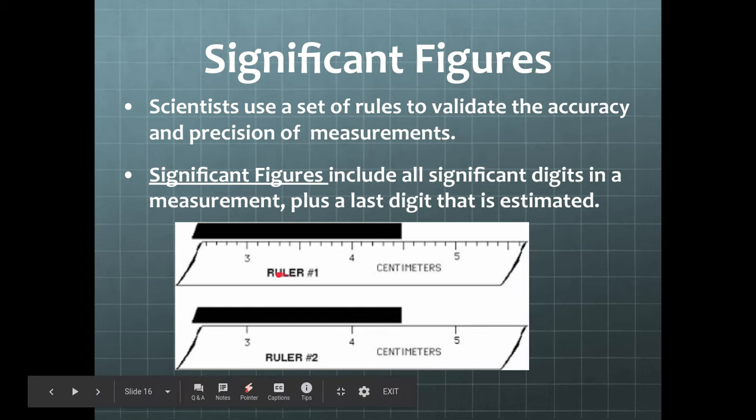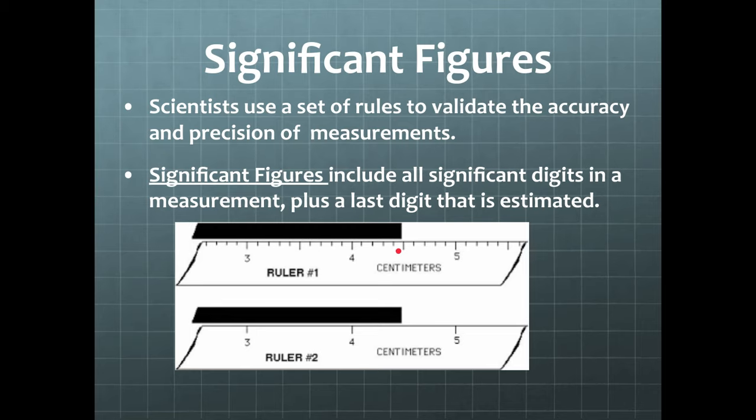Now, if I come up to ruler number 1 and do the same thing, you'll notice the millimeters, all of these little hash marks, give me an additional piece of information. So now I don't have to call it just 4.4. I can call it 4.1, 4.2, 4.3, 4.4, and it looks like it's in between 4.4 and 4.5.